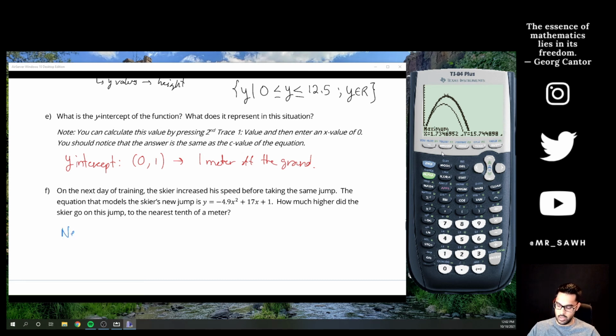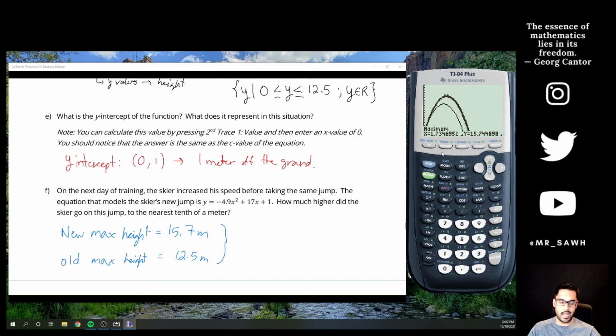So let me change the color here. The new max height is equal to, to the nearest tenth, 15.7 meters. The old maximum height, we found it previously, was 12.5 meters.